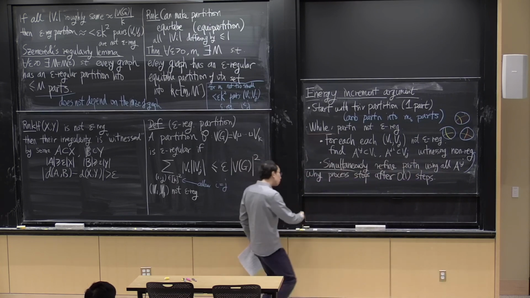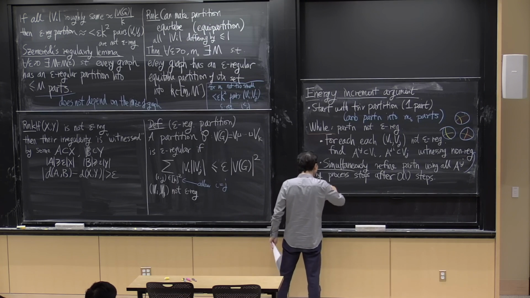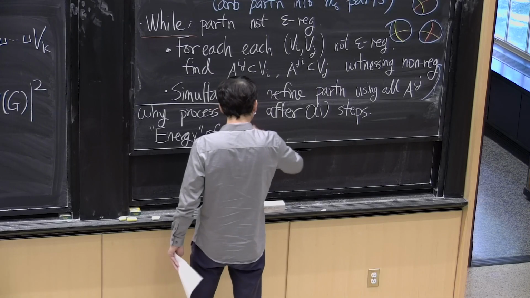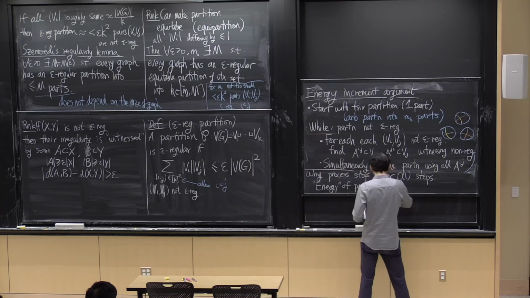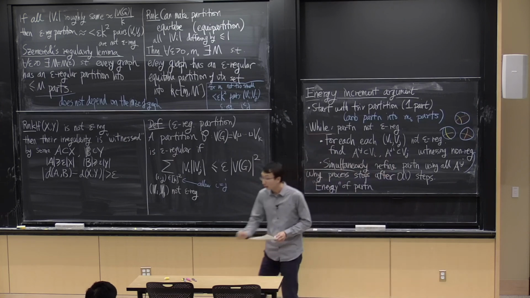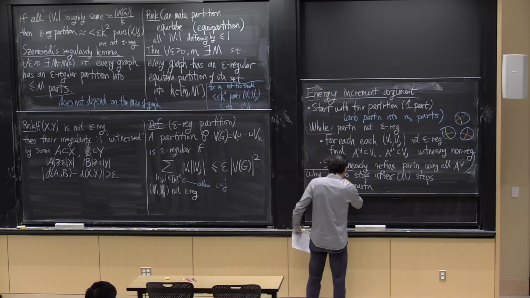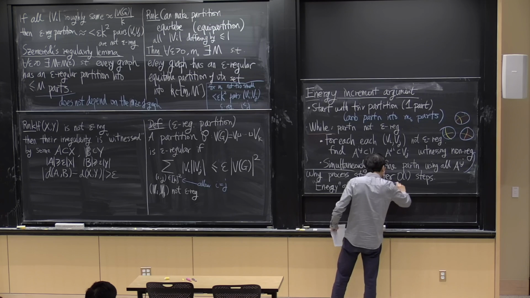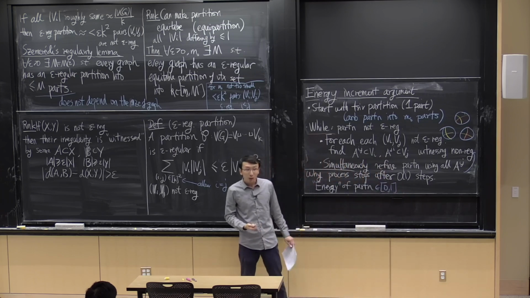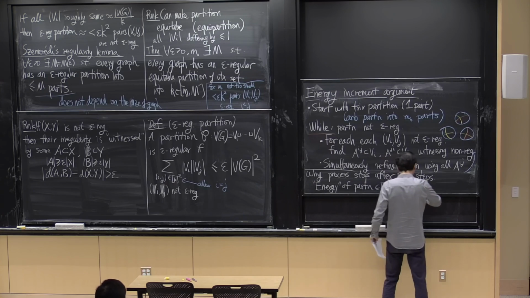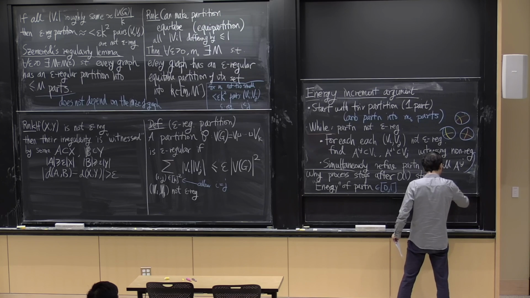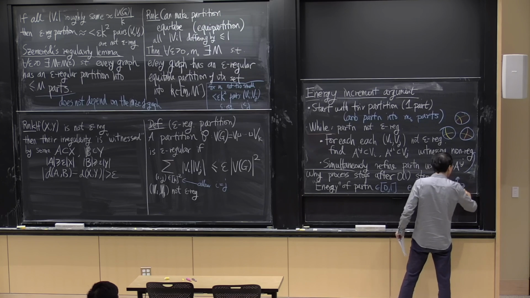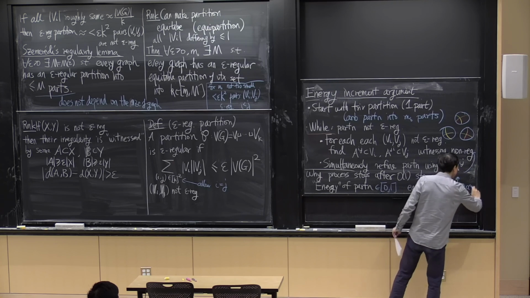To do this, we will define some notion called an energy of a partition. First of all, the energy is some quantity that we will define, some real number lying between 0 and 1. And at each step, the energy goes up by some specific quantity.